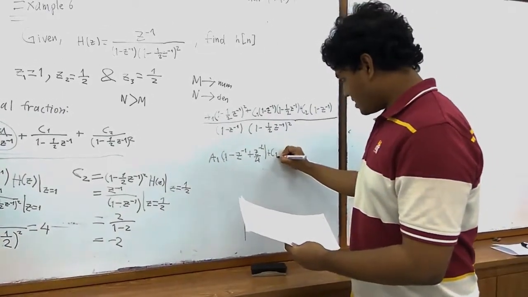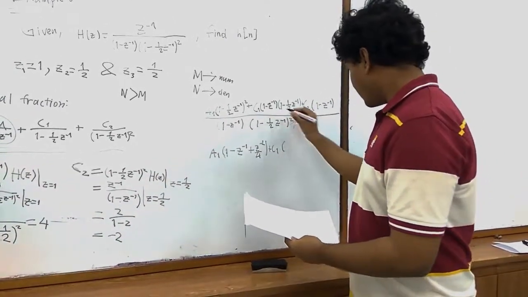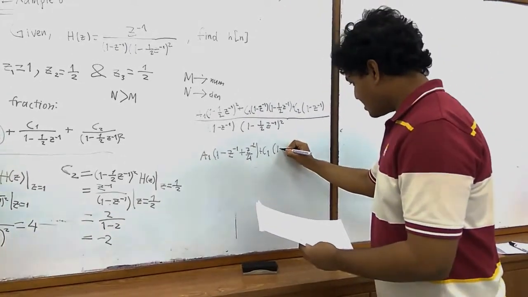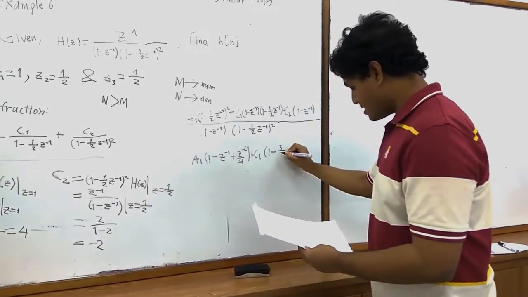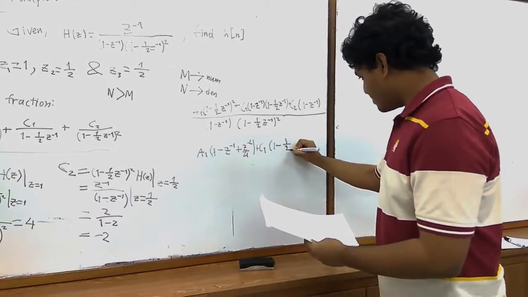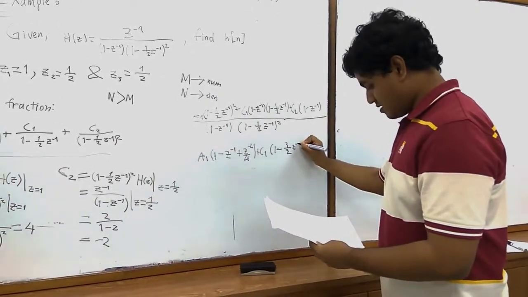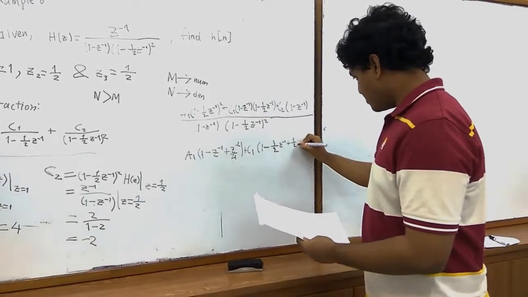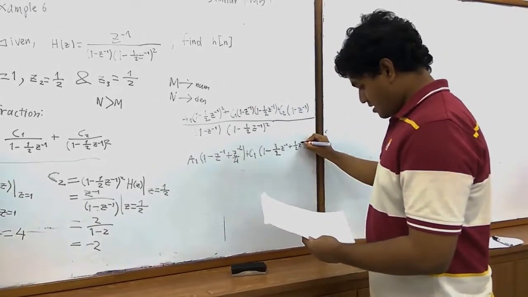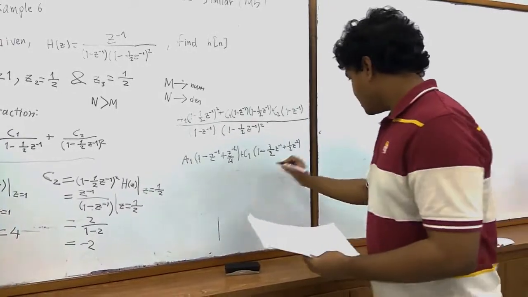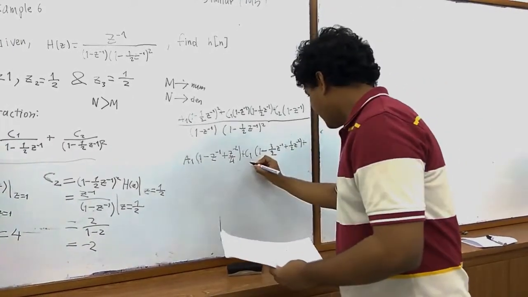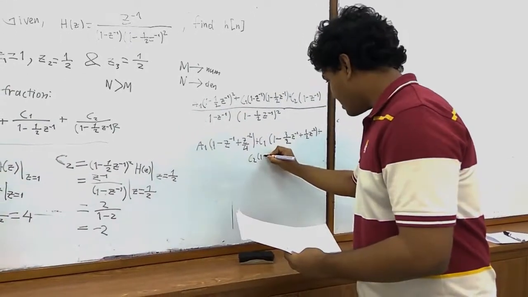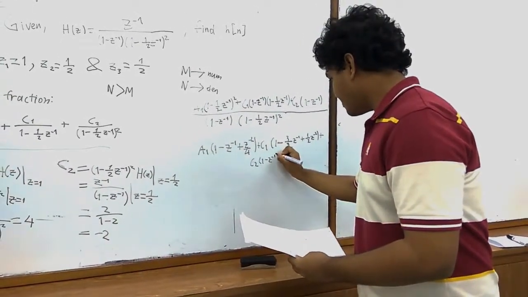So C1, and when you expand this thing, you have 1 minus 3 over 2 z minus 1 plus 1 over 2 z minus 2, plus C2, 1 minus z minus 1.